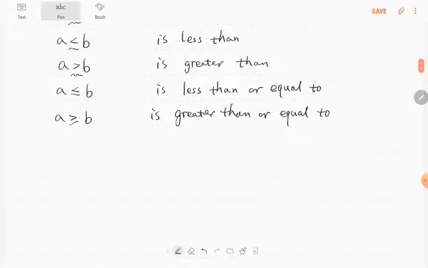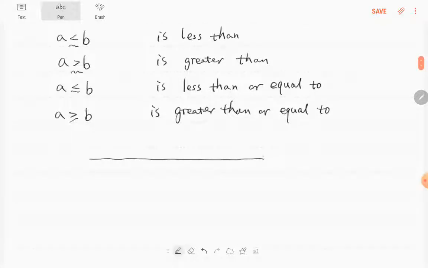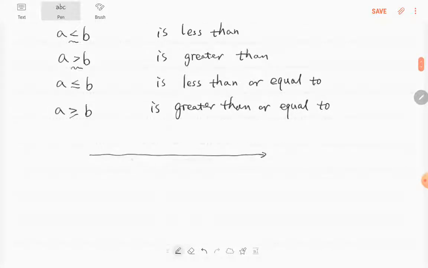So let's check if we have a number line. We have two numbers, let's say A and B, on the same number line.